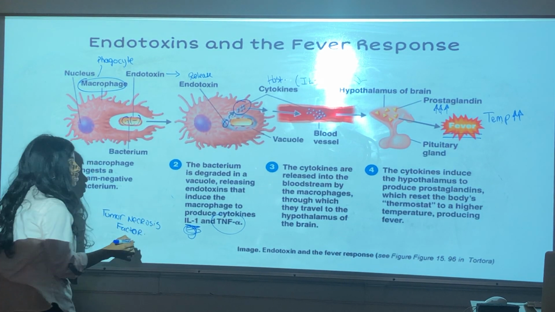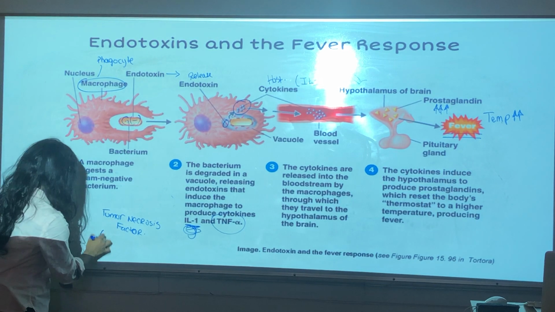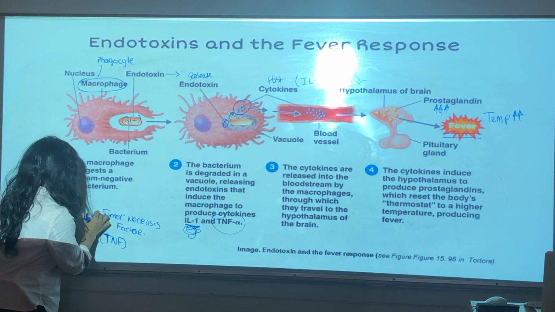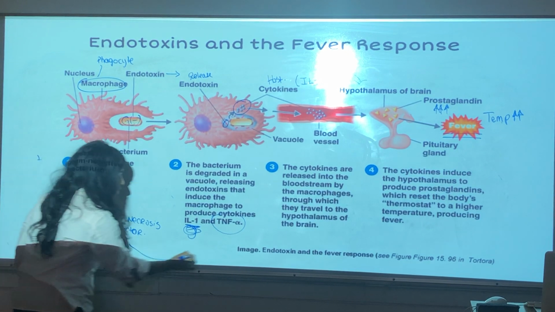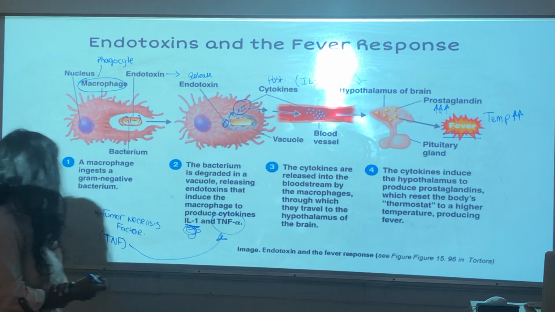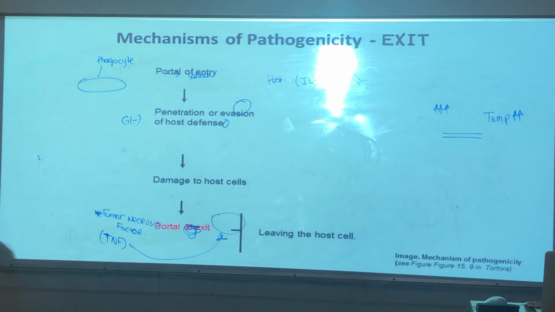This is another cytokine that your phagocyte can make. And the tumor necrosis factor, if it's made by the phagocyte, can also stimulate fever. So your IL-1 we see with your gram-negative cells, but tumor necrosis factor can be seen in response to other foreign invaders.